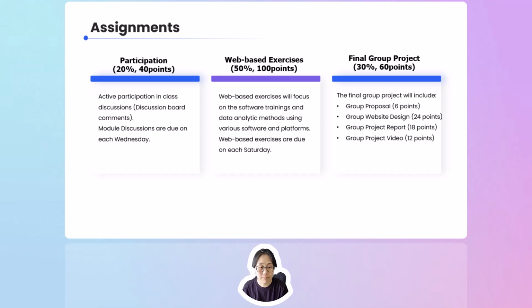The final group project includes a proposal, group website, project report, and final video presentation. You will work in teams to design and publish an original web map using the tools you've learned. Now let's look more closely at the web-based exercises.